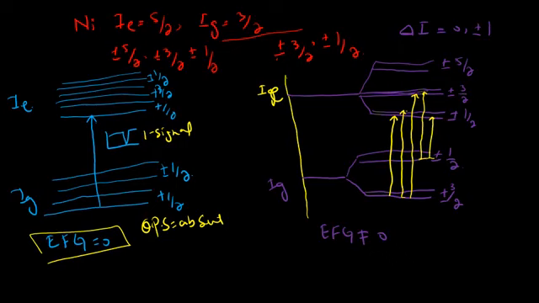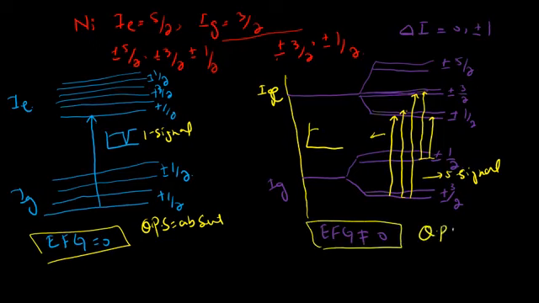So here are the 5 signals. Instead of two signals, like in the previous case of iron, here we have 5 signals in the Mossbauer spectrum in the case of nickel, when the electric field gradient is not equal to 0, that is, when quadrupole splitting is present. The Mossbauer spectrum that is recorded is like this one.